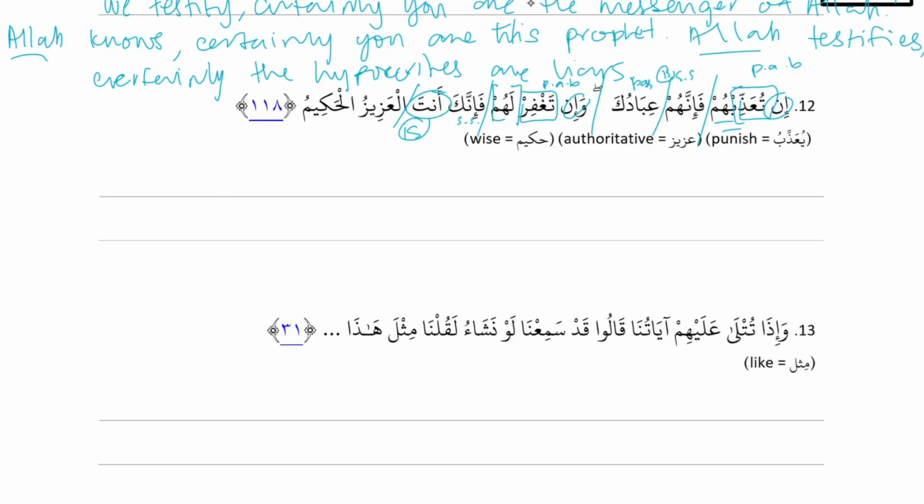So, if somebody punishes them, who has the power to punish? Allah. If you. This is Isa alayhi salam talking to Allah on the Day of Judgment. Oh, okay. So he's saying if you punish them, meaning his followers, then certainly they are your servants.